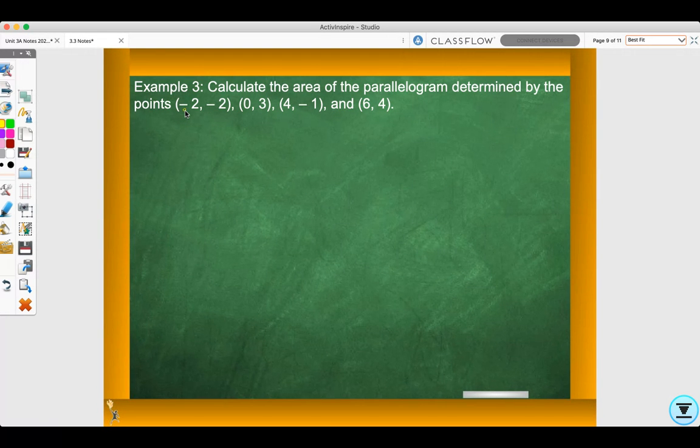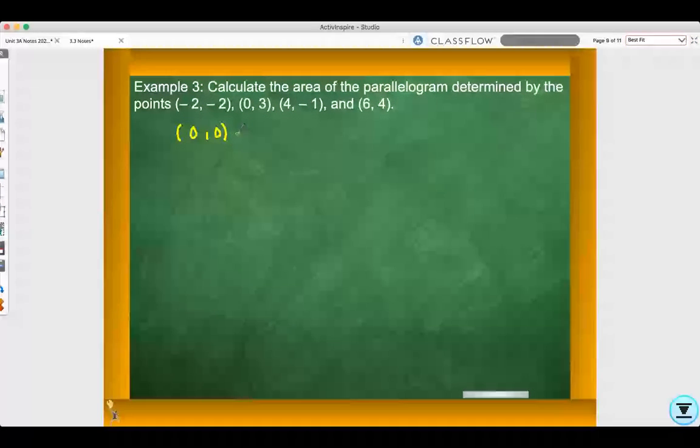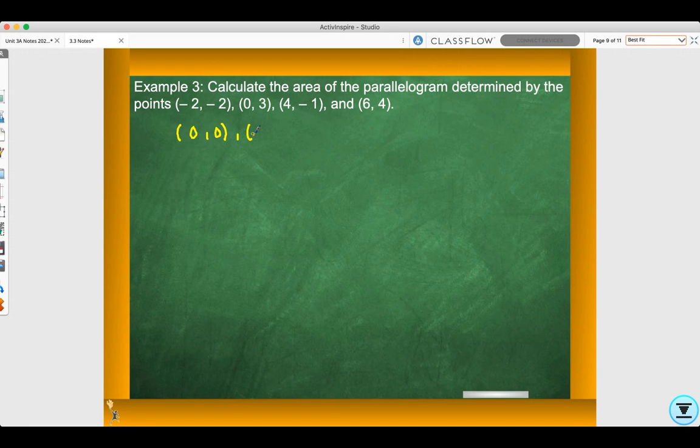So if I transform this to the right 2 and up 2, this would become 0,0. 0,3 would become 2,5. 4,-1 would become 6,1. And 6,4 would become 8,6.